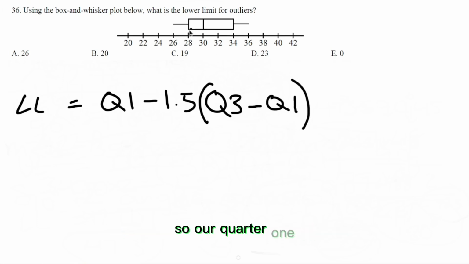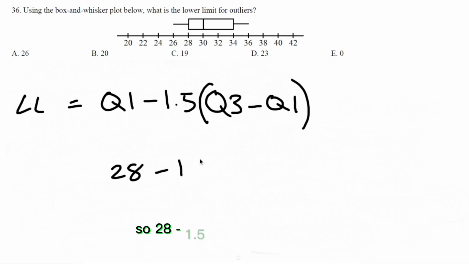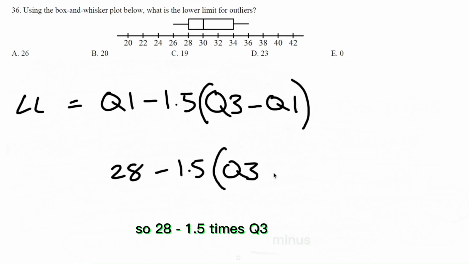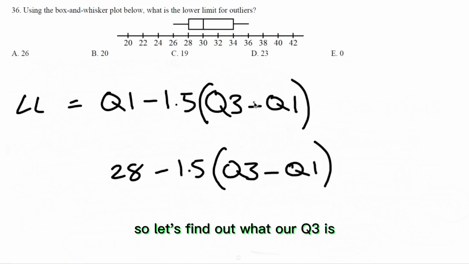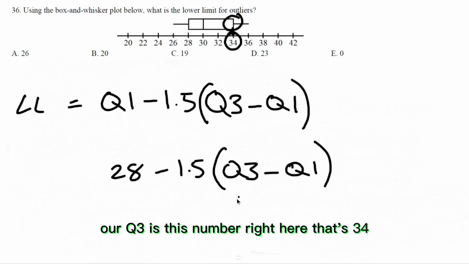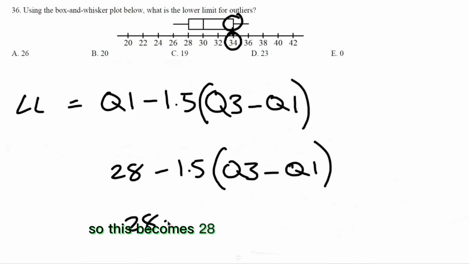So our quartile 1, which is our lower quartile, that's just 28. So 28 minus 1.5 times Q3 minus Q1. So let's find out what our Q3 is. So our Q3 is this number right here. And that's 34. So this becomes 28 minus 1.5 times 34 minus Q1.